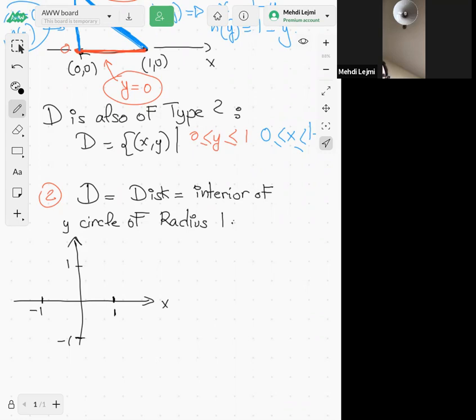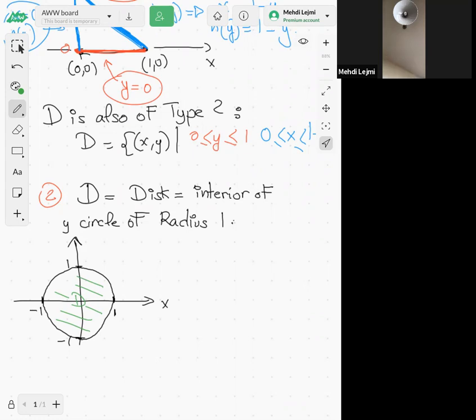So we have this circle, and of course my region D would be the interior of this circle. This is my region D. So I have to determine whether this D is of type 1 or type 2 or both. It could be both.